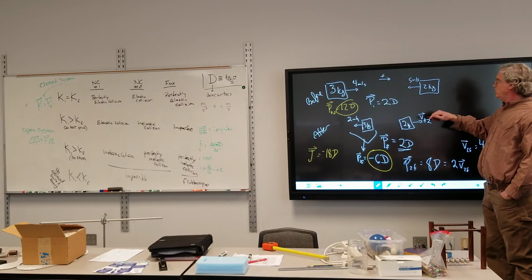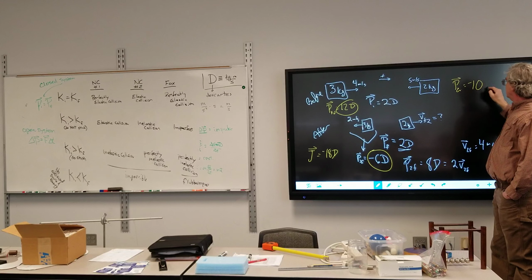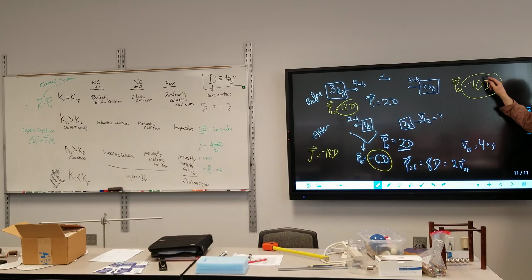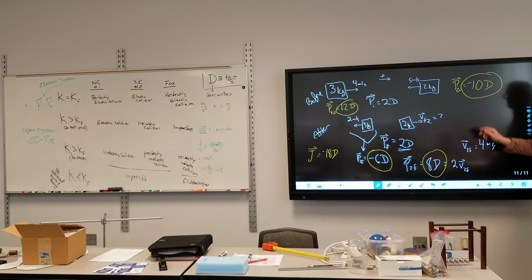Now let's take a look at the 2 kilogram mass. P2 initial is negative 10 Descartes. So I go from negative 10 to 8. What is the impulse imparted to the 2 kilogram mass? Positive 18.